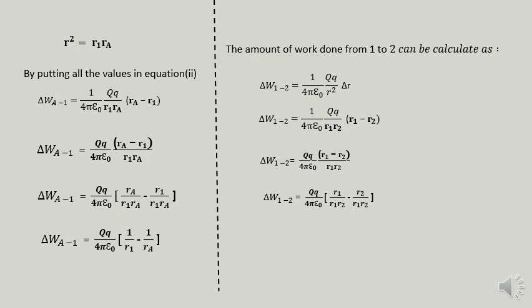Delta W is equal to Qq upon 4 pi epsilon naught R1 upon R1 R2 minus R2 upon R1 R2. R1 will cancel by R1 and R2 will cancel by R2, and the result will be delta W is equal to Qq upon 4 pi epsilon naught 1 upon R1 minus 1 upon R2 minus 1 upon R1.